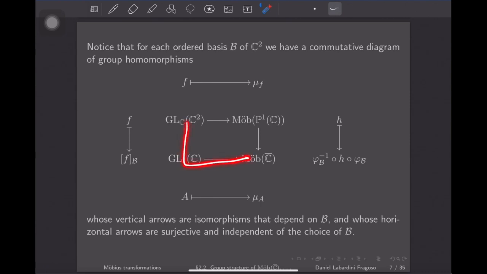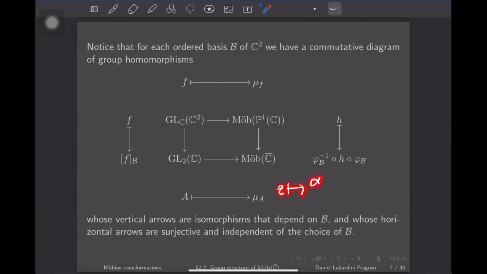This would be this composition, and this other composition would be: first take the map that sends each one-dimensional subspace to its image under F. Then write the one-dimensional subspace which is the image in normal form with respect to V. And if you make the computation, what you obtain is precisely that formula.